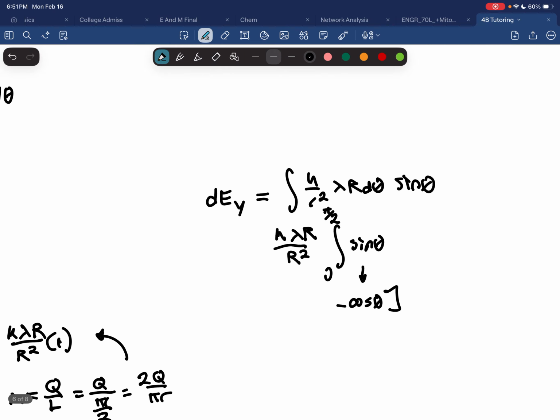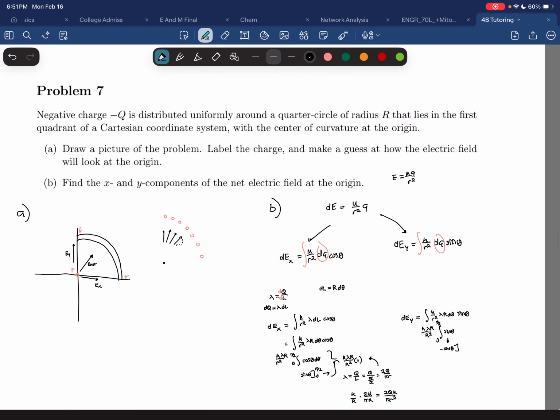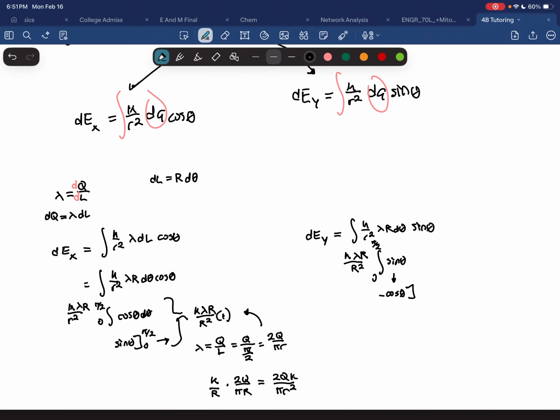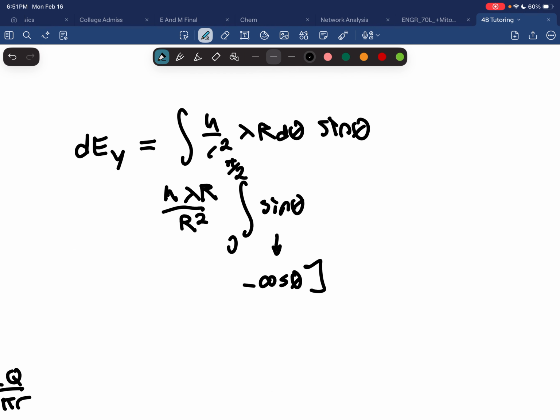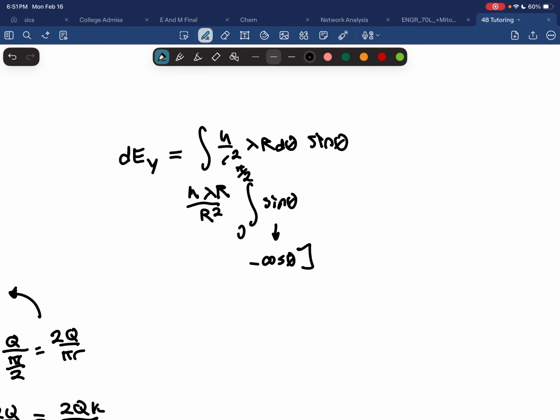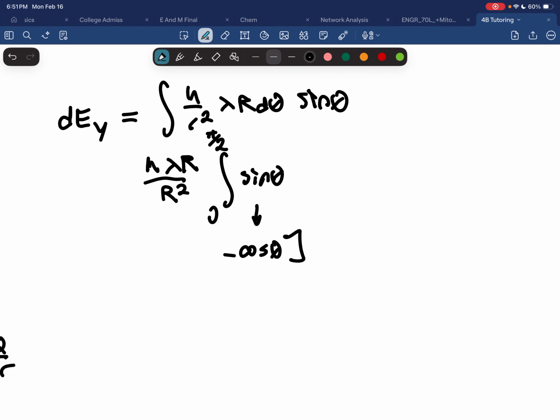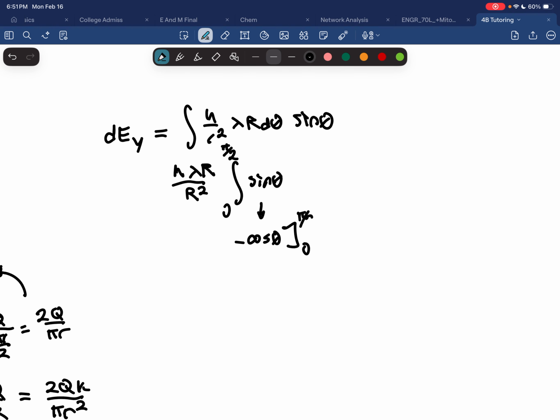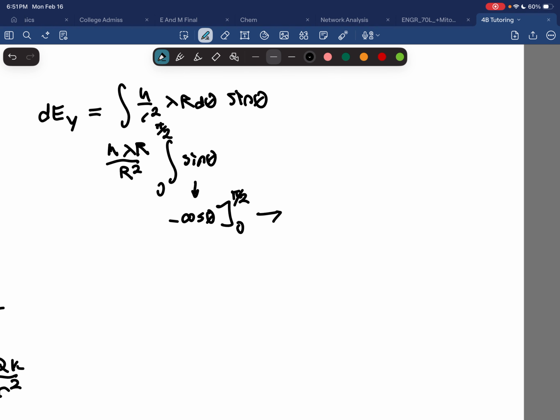So all these little integration things that you have to memorize, honestly, any equation here, you could just throw that on your cheat sheet. That way you don't have to learn the conceptual aspect to it. So cosine of pi over 2 is 0, so negative 0. And then cosine of 0 is equal to 1, so negative 1. A negative times a negative equals a positive. So this is equal to positive 1. And so we see that it's pretty much the exact same thing.